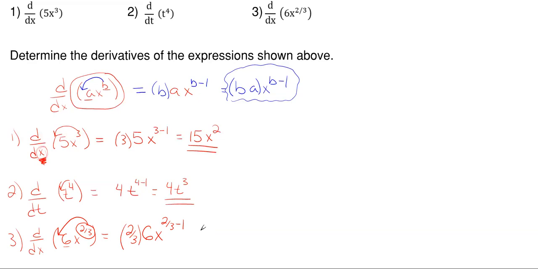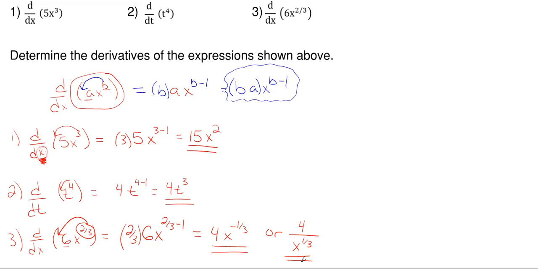So essentially we have 2/3 of 6, which is 4, and then we have x to the 2/3 minus 1, which ends up being minus 1/3. You could write it like that, or if someone wants to be fancy about it, you could write it as 4 over x to the 1/3 power, because anytime you have a negative power, it just means it's being divided by that power. So you could write either one.